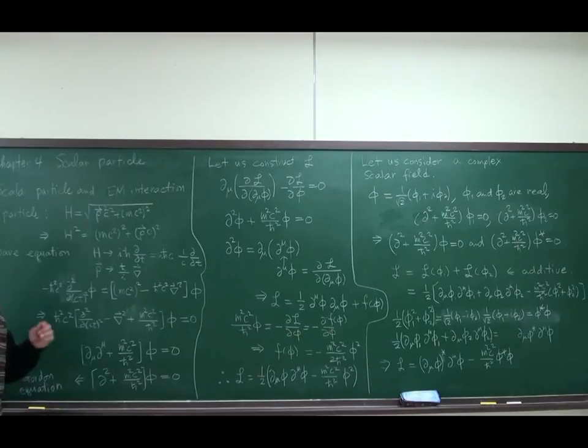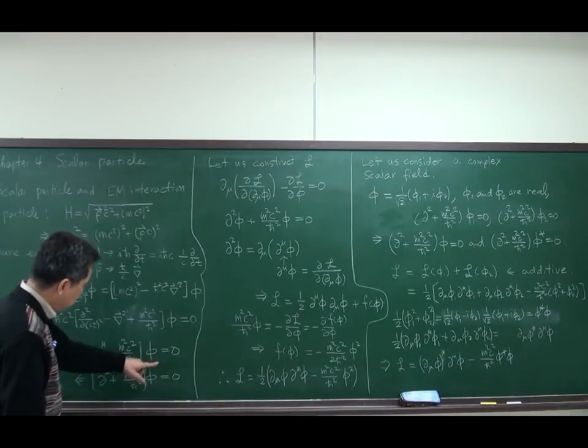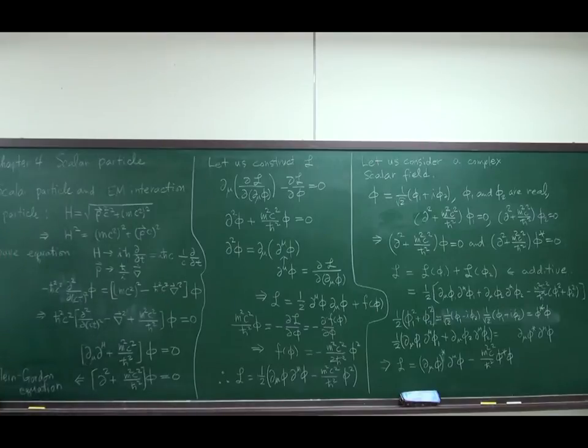We remember round mu is replaced by round mu plus i q over h bar c A mu, something like that. But if phi is real, then we have some problem. We will find that after we consider the complex case.